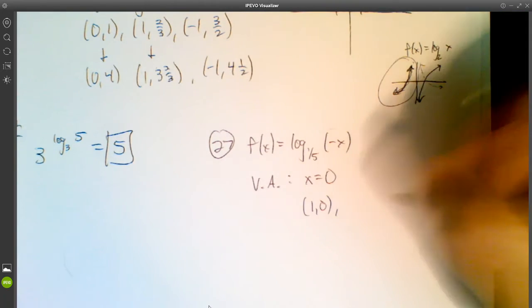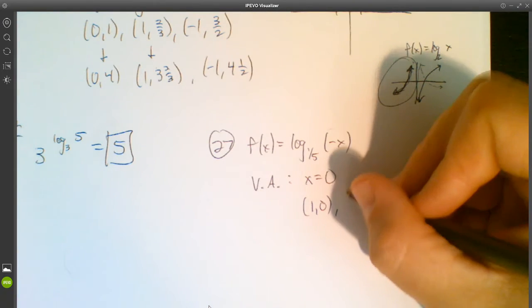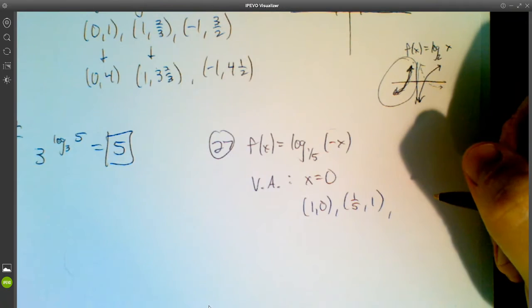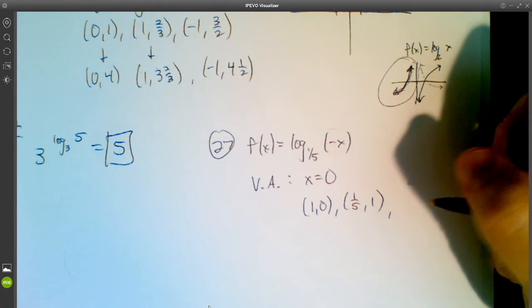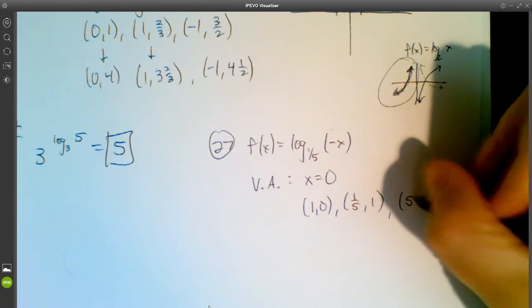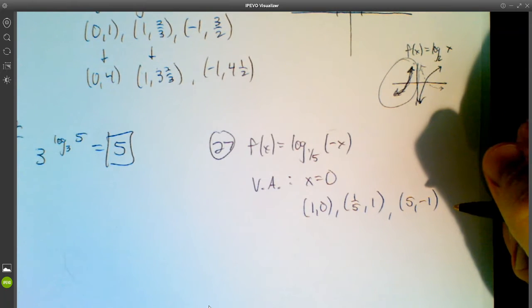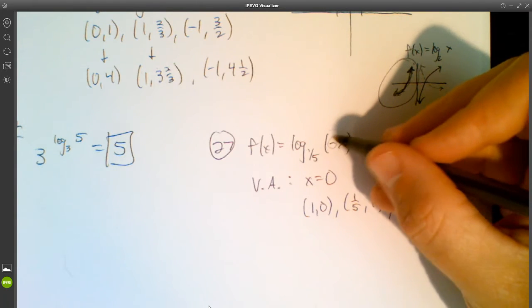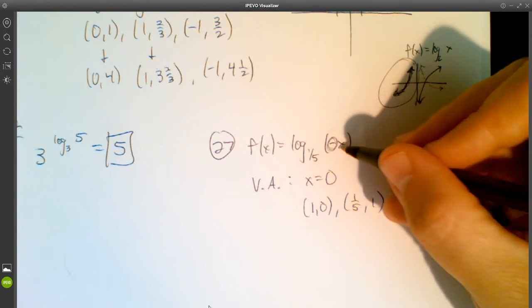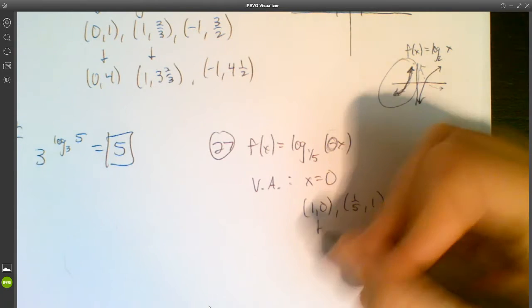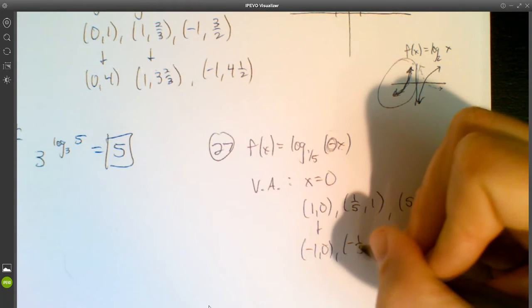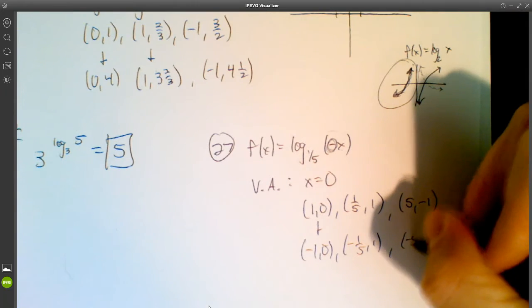And instead of going through 1, base, it's going to go through base, 1. And instead of going through negative 1, 1 over base, it's going to go through 1 over base, negative 1. Now this is without applying the transformation though. We have a transformation here where we have to multiply all of our x coordinates by negative 1. So actually this is going to go through negative 1, 0, negative 1/5, 1, and negative 5, negative 1.